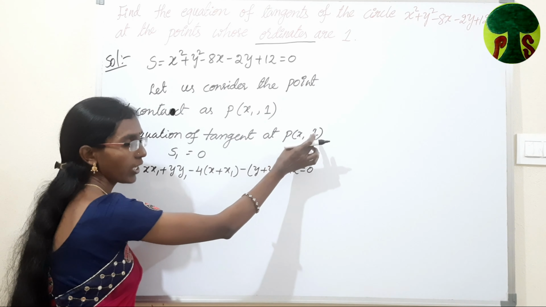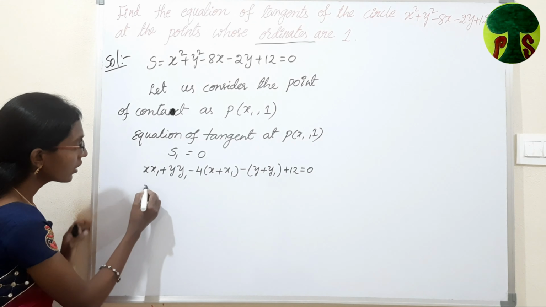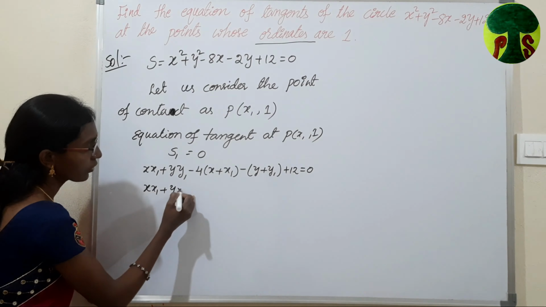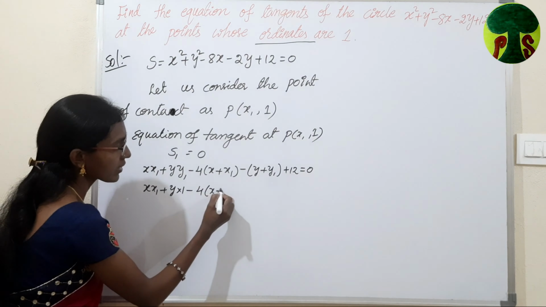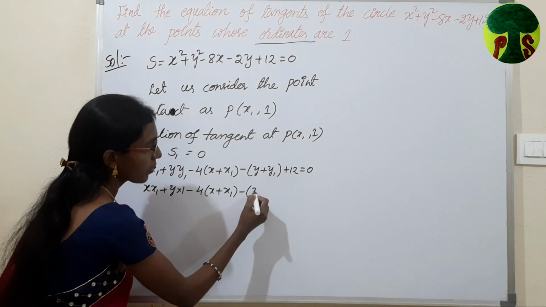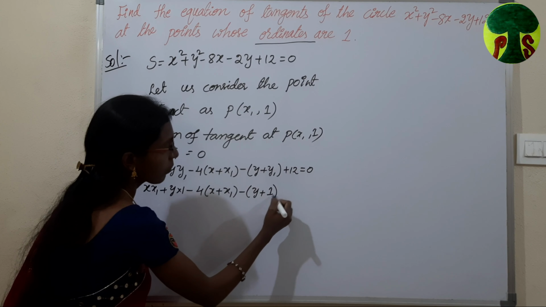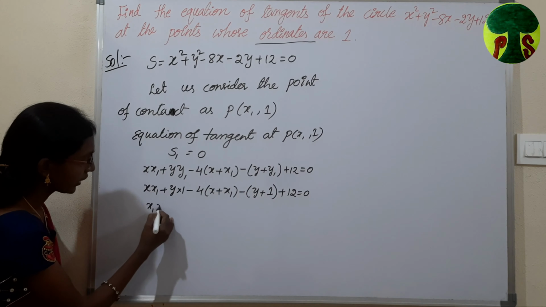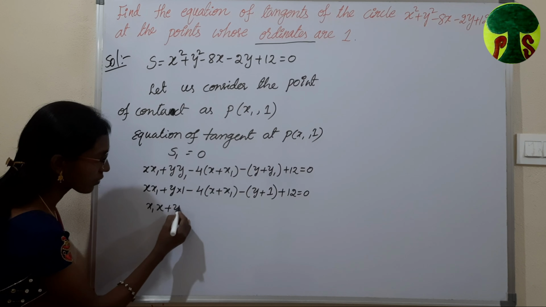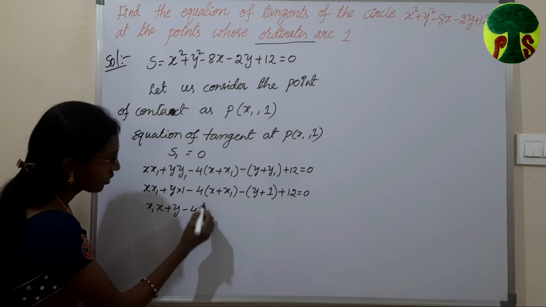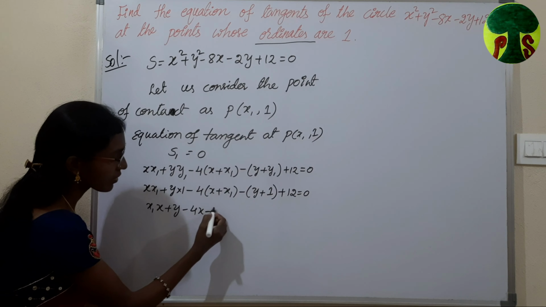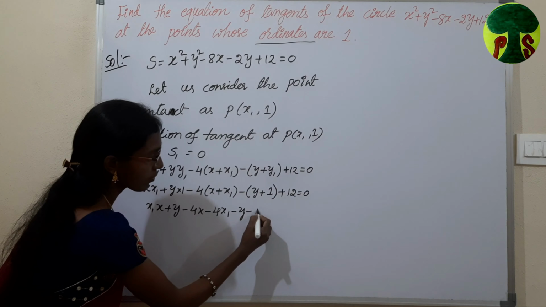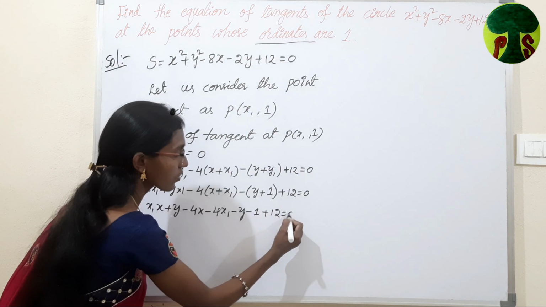Here x1 means x1 only and the y1 value is 1. So, x1 x plus y into 1 minus 4 into (x plus x1) as it is, minus (y plus 1), plus 12 equals 0. So, x1 x plus y minus 4x minus 4x1 minus y minus 1 plus 12 equals 0.